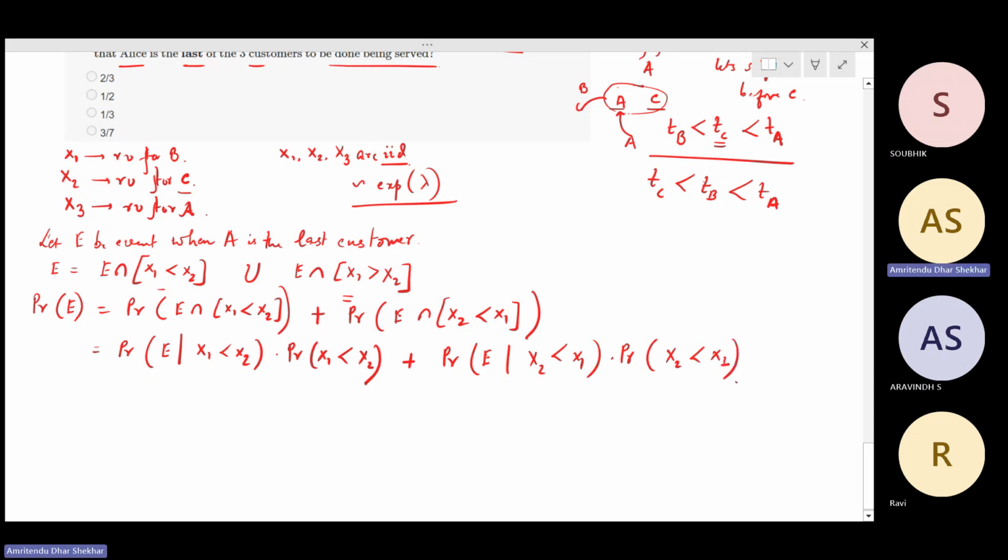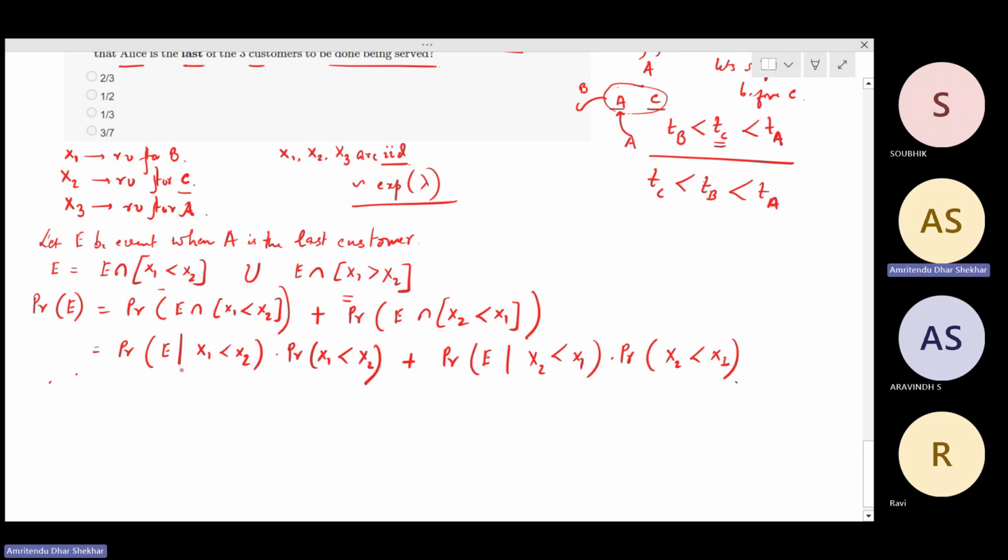So what is E then explicitly? How do you express E in terms of x1, x2, x3? Let's write it down. What is the probability of E in terms of x1, x2, x3?